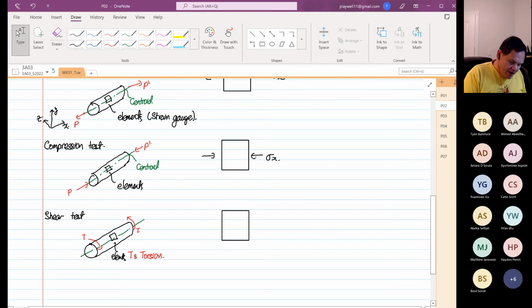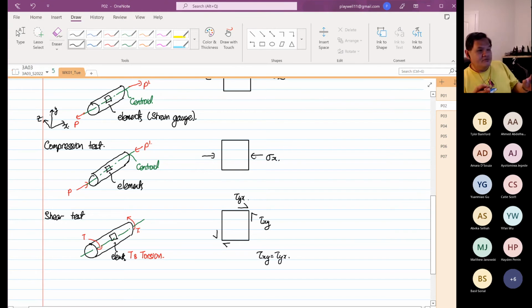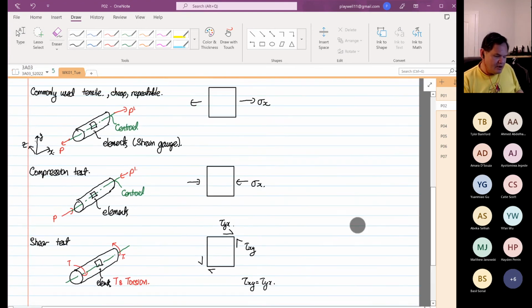And when you have shear, this is how the structure is loaded in shear. So this is shear XY, that is your shear YX, and shear XY is equal to shear YX. Later on, I'll tell you why when we learn Mohr's circle. So that is our element.